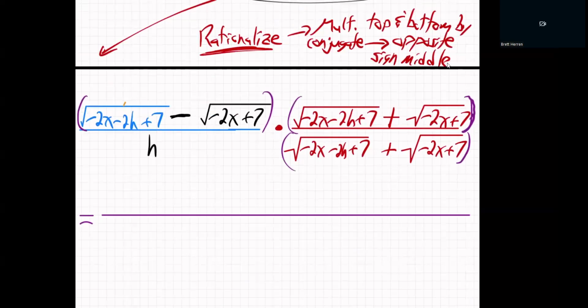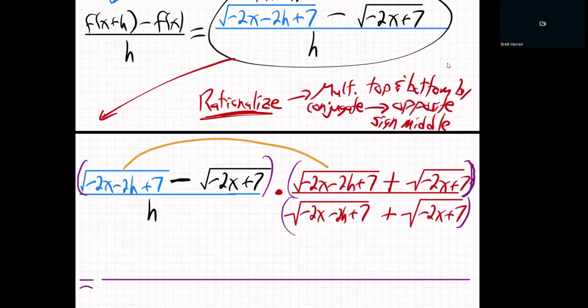This guy multiplies this guy. They're identical. What happens when you multiply two identical roots? The roots vanish, right? Think about root 3 times root 3, for example. That's root 9, which is what? Plain 3. See how two root 3's make one plain 3? That's what always happens with roots. When you multiply two of the same roots, the root vanishes.